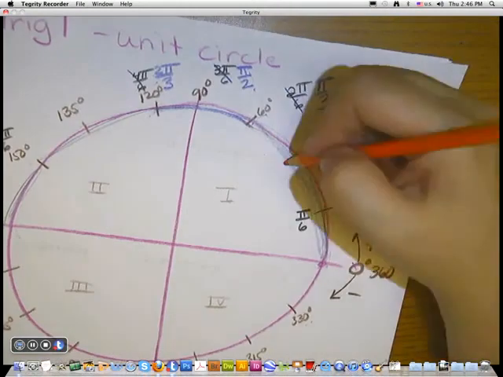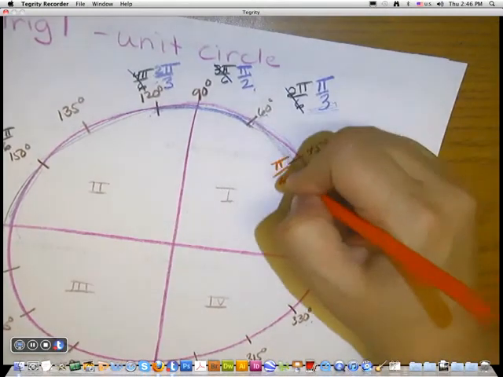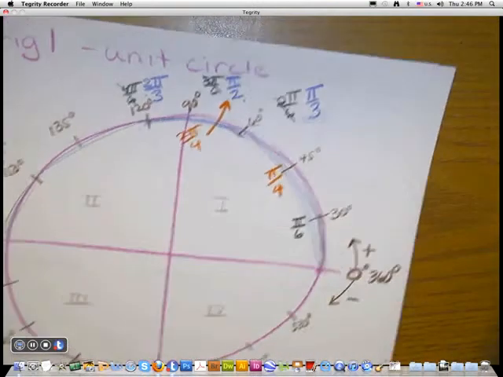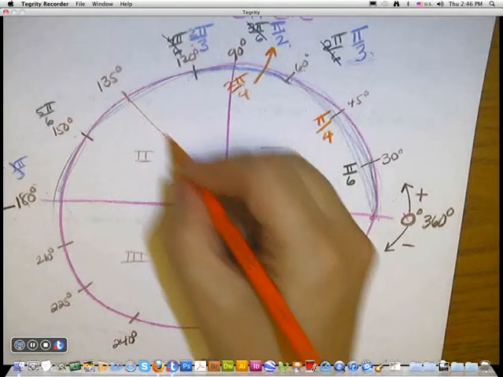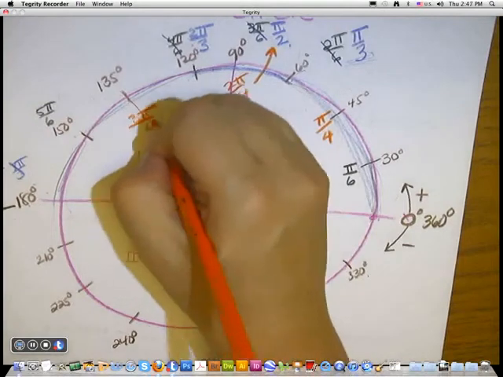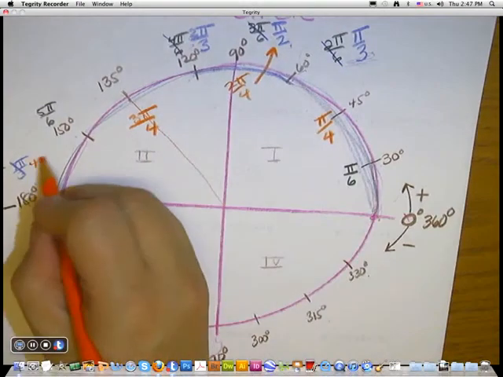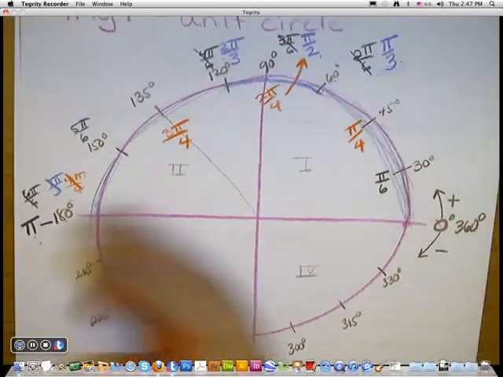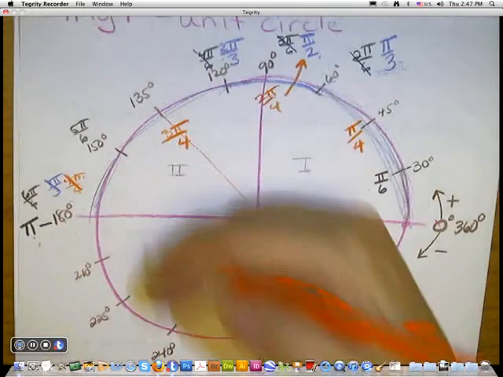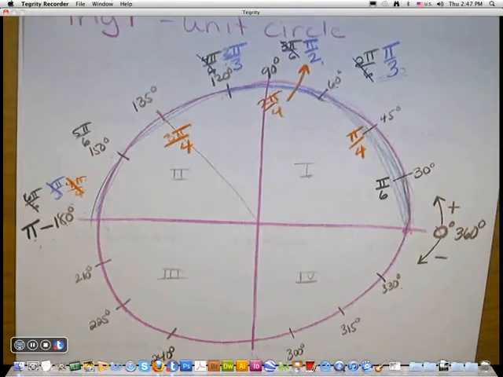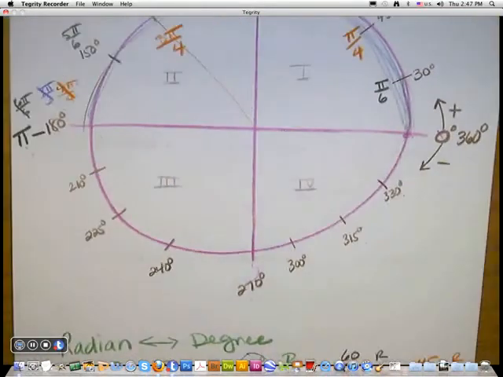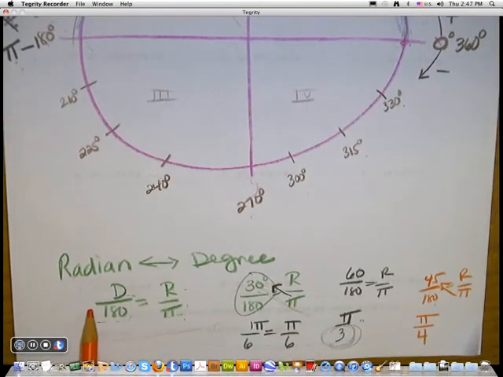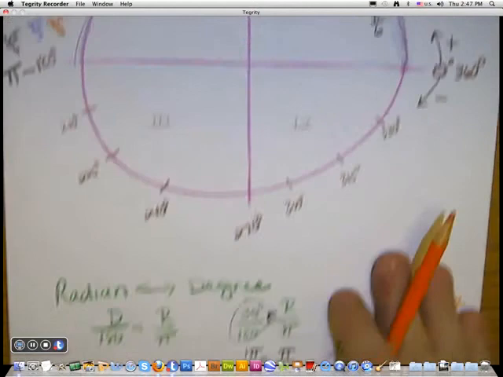Well, because 45 degrees, 2 pi over 4, well, that reduces to pi over 2. 3 pi over 4, 4 pi over 4, and that reduces to pi. So all of these are part of the pi's. As long as you can remember that relationship, you should always be able to transfer stuff. But when in doubt, you are welcome to use this relationship.